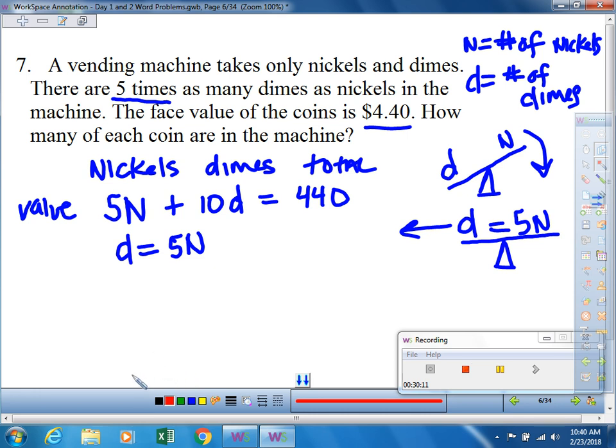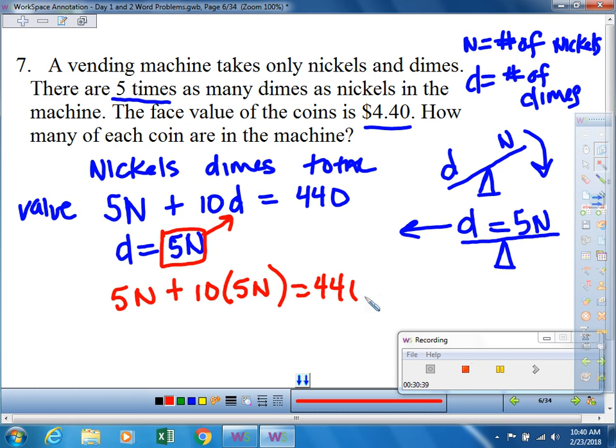This is set up for substitution. So what am I going to put this in for? D. So I have 5n plus 10 times, instead of D, I'm going to put 5n, equals 440. Are you writing this down?